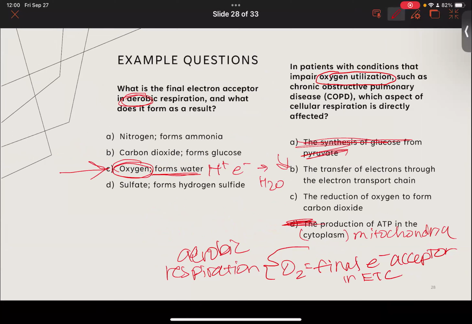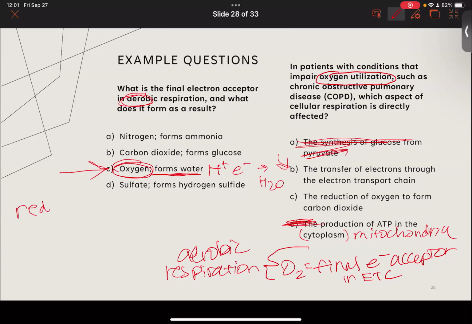Why would that be affected? If we cannot get rid of those electrons with our final electron acceptor, right, which we just wrote down below this, oxygen is our final electron acceptor. Now, if oxygen is gaining those electrons during that process, it's accepting those electrons, the same thing as gaining. Gain electron is reduce.